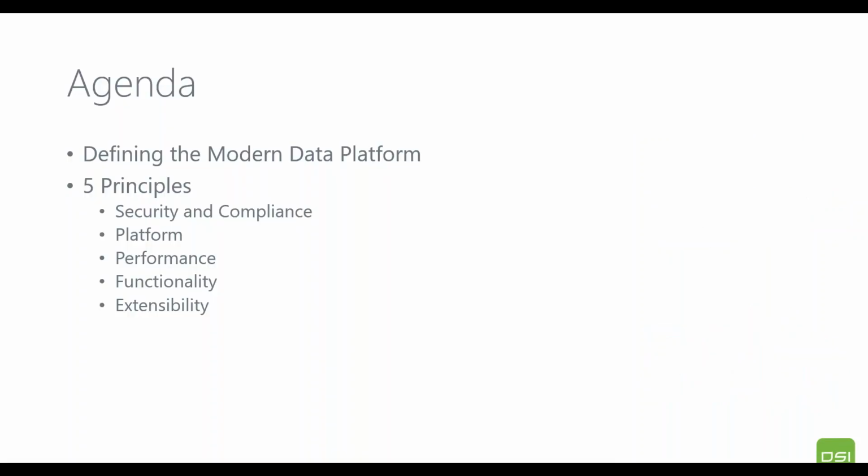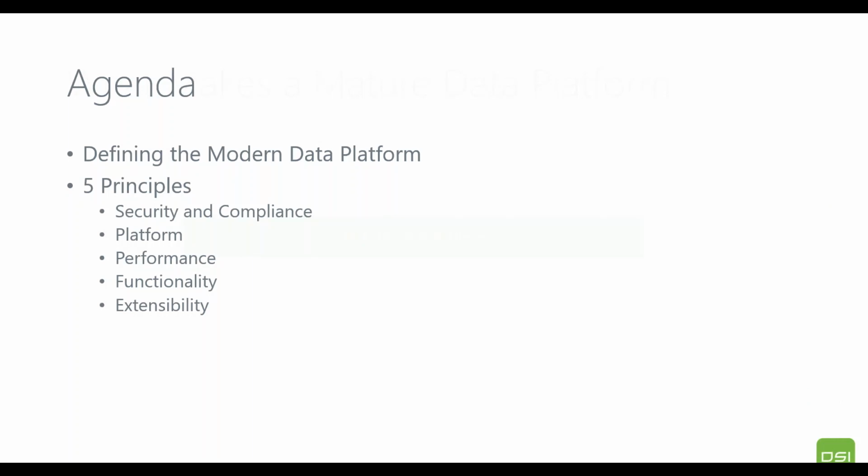So what we're going to talk about today is something that I have been thinking about a lot and something that I've been having a lot of conversations with my customers about, and that's this concept of the modern data platform.